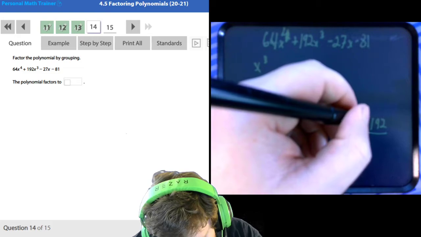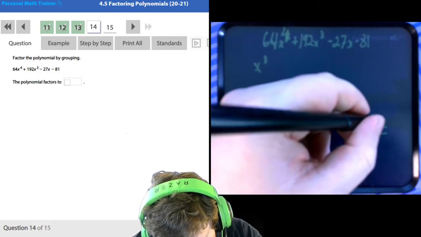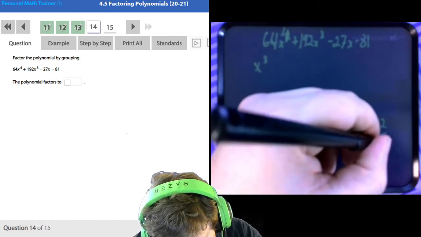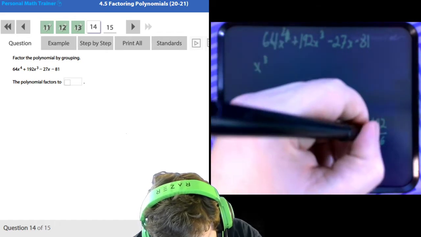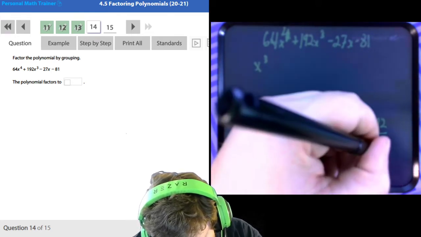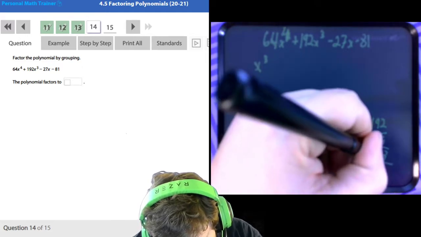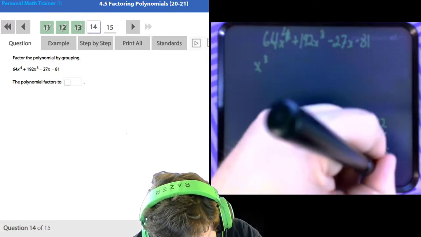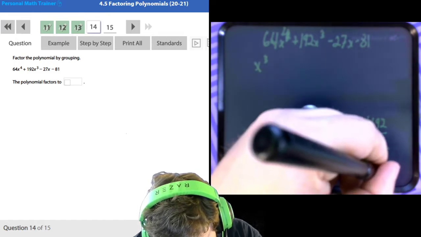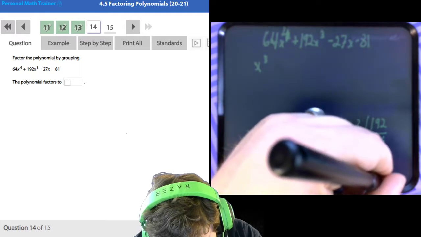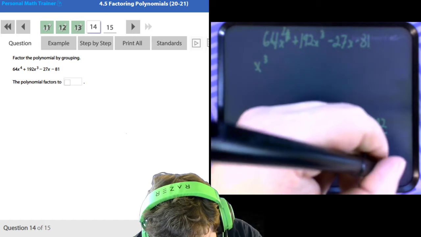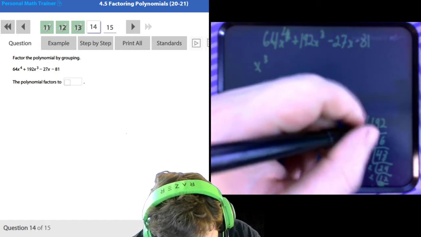So 192 divided by 2 would be 96, divided by 2 is 48, divided by 2 is 24, by 2 is 12, and then 3 and 4 on the bottom there.